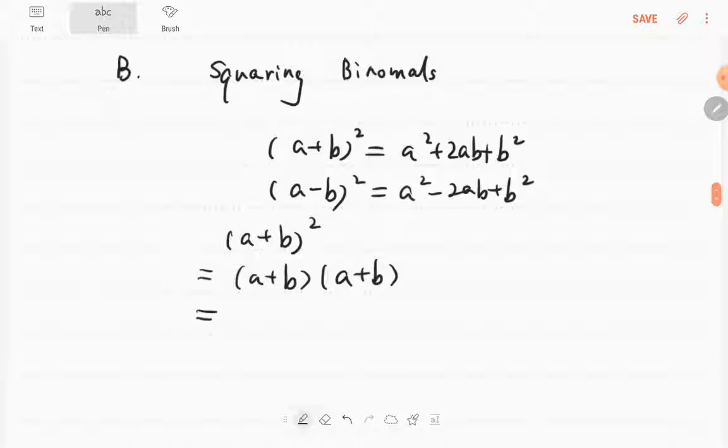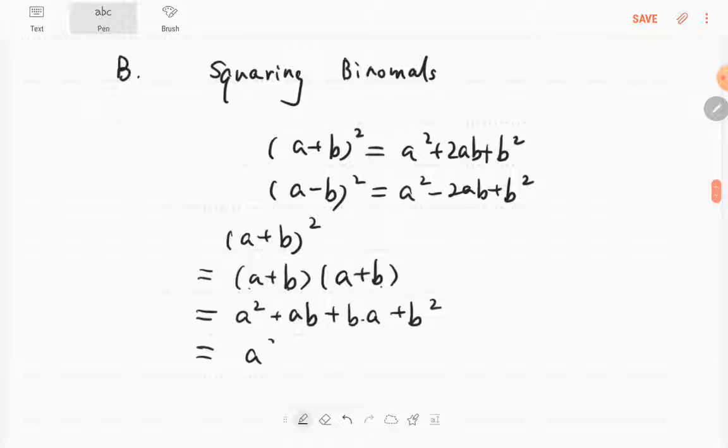If we use the FOIL method, we will start with the first. First will be a times a, a squared. Then the outer will be a times b. Then inner will be b times a. And the last will be b times b.